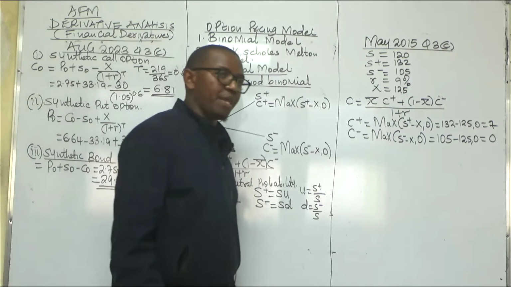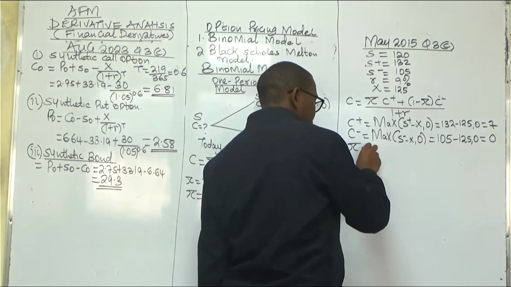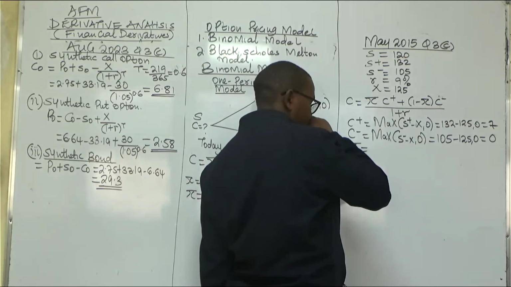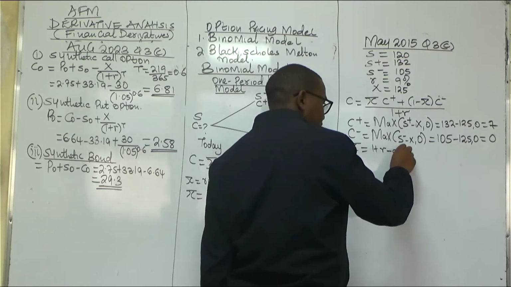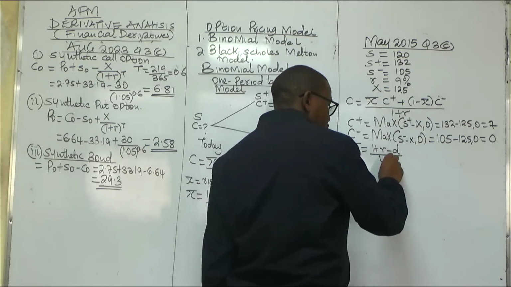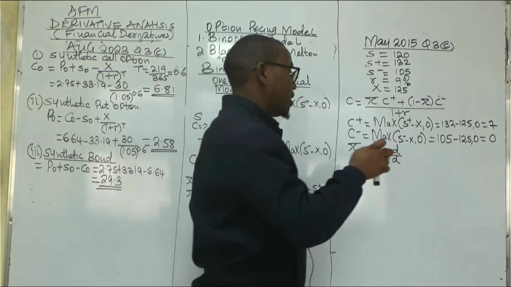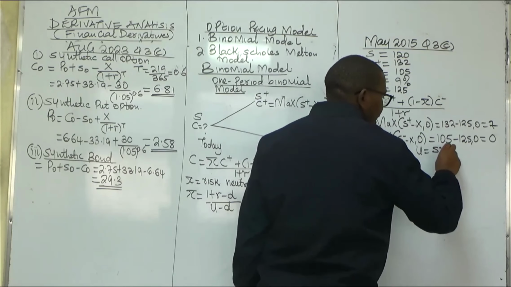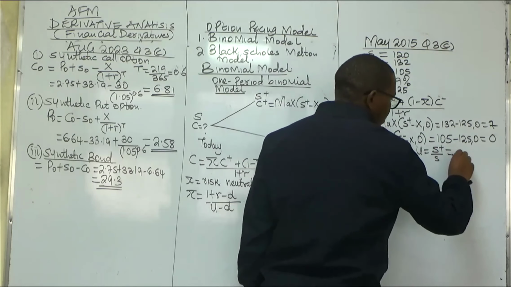And then from there, we now get the risk neutral probability. Risk neutral probability should be given by 1 plus R minus D over U minus D. We don't have the upward movement. And upward movement, which is U, should be S plus divided by S. Which here will be how much?